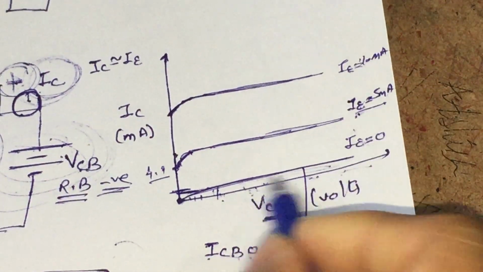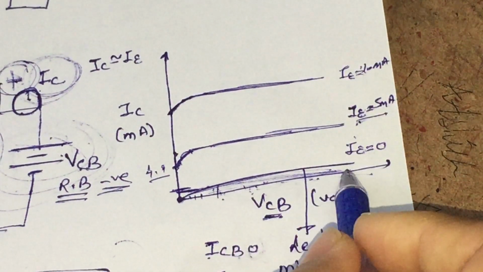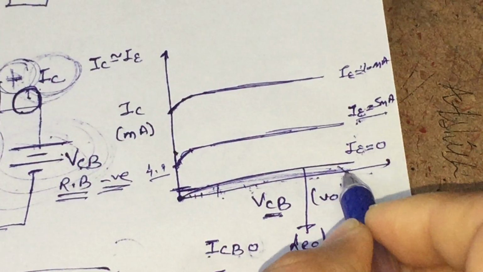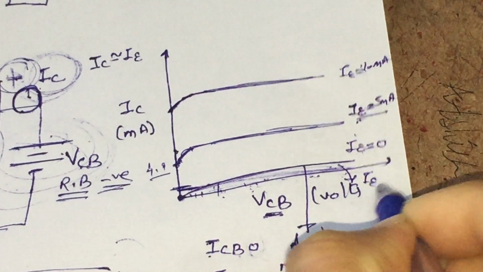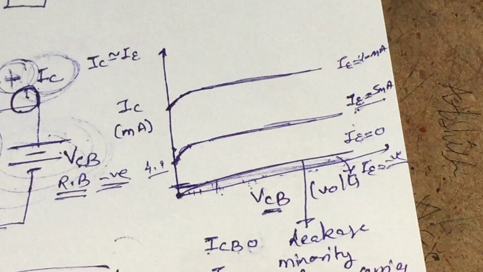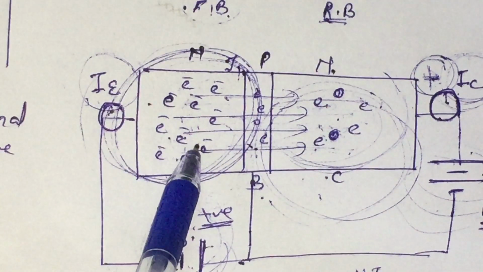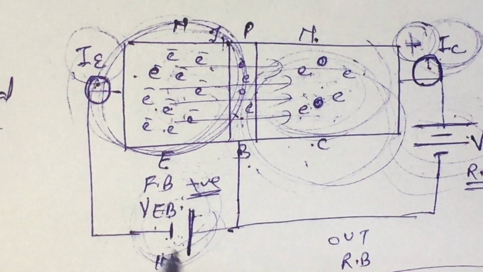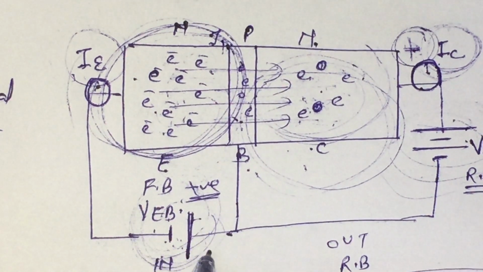Hence, this region is known as the cutoff region, because below IE equal to 0, we will have IE negative. If IE is negative, it means the current is moving in the opposite direction, and it is only possible when the battery is connected in the opposite direction.